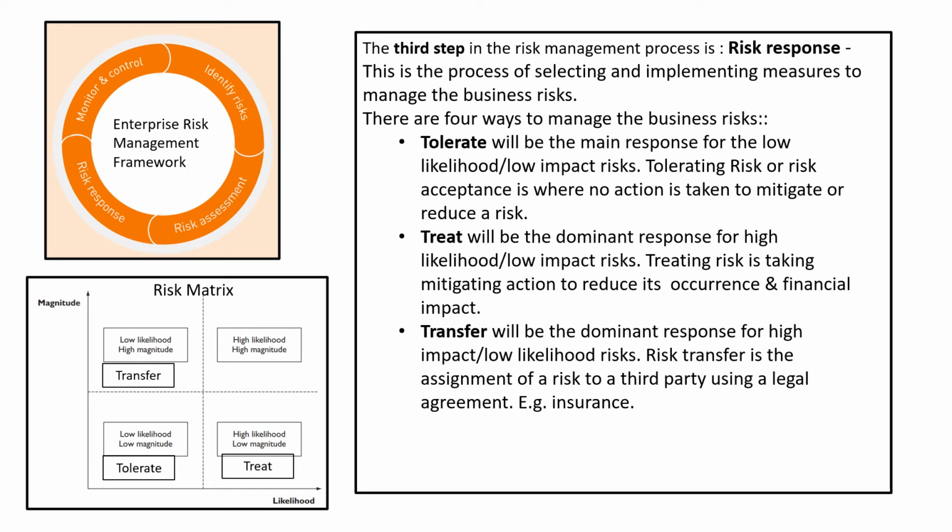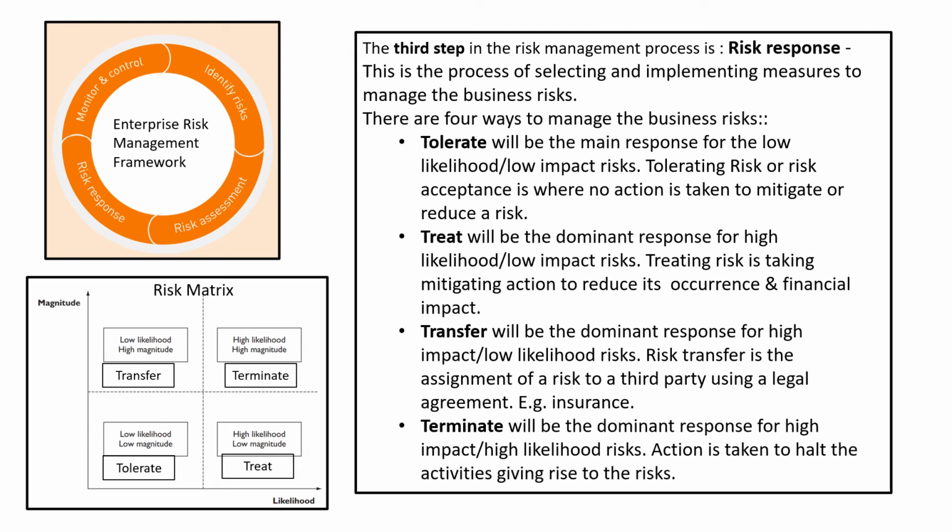Risk transfer is the assignment of a risk to a third party using a legal agreement, for example, insurance. Terminate will be the dominant response for high impact and high likelihood risk. Action is taken to halt the activities giving rise to the risk.